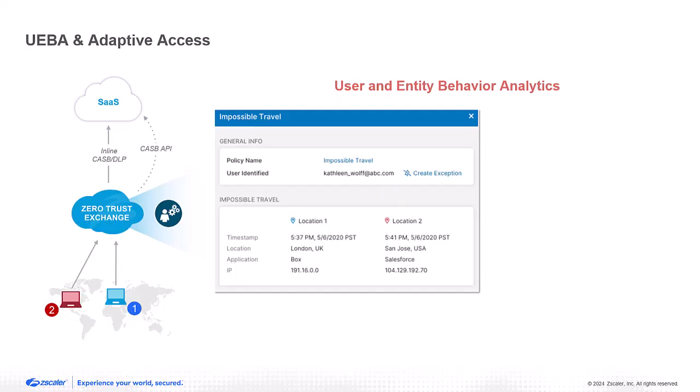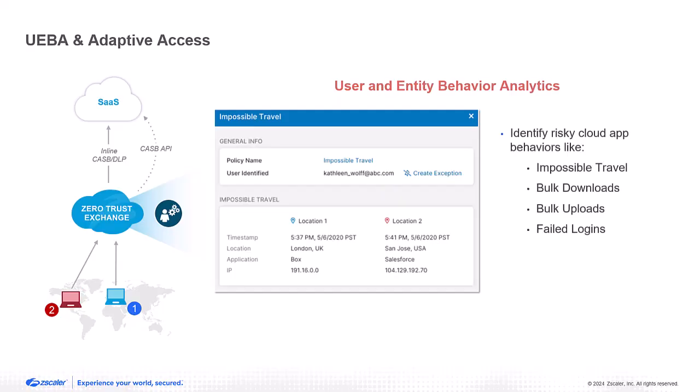So we have built many predefined policies to detect this anomalous behavior, such as bulk upload, bulk download, impossible travel, failed login attempts, and so on. These predefined policies will get triggered when we see any of this anomalous behavior, and then you are taking different actions to make sure your sensitive data and crown jewels are always protected.